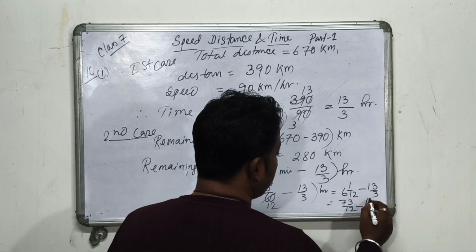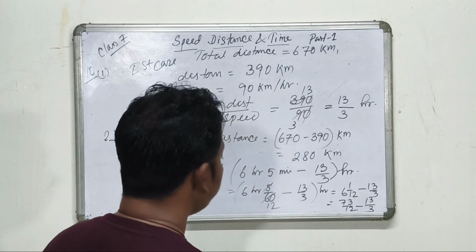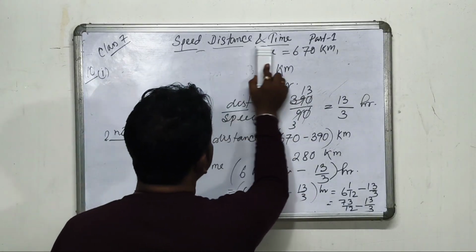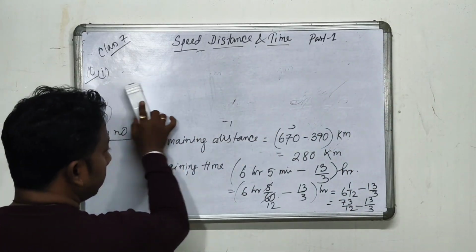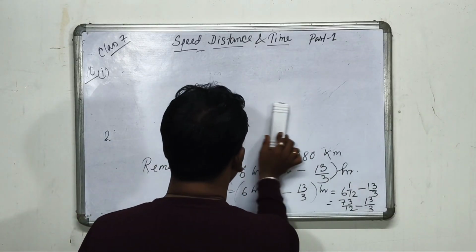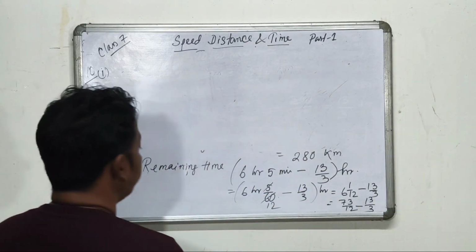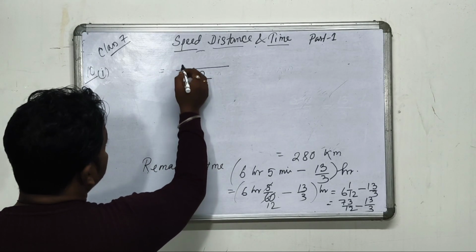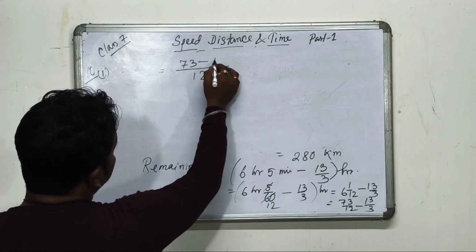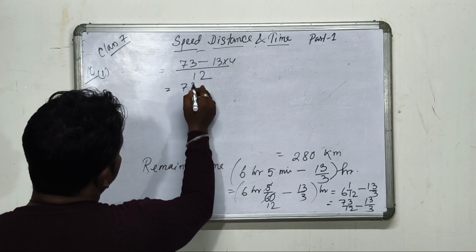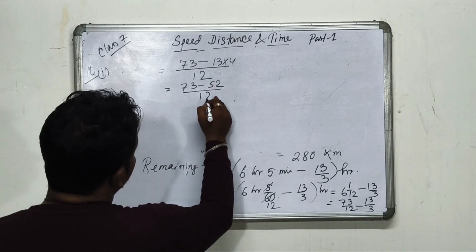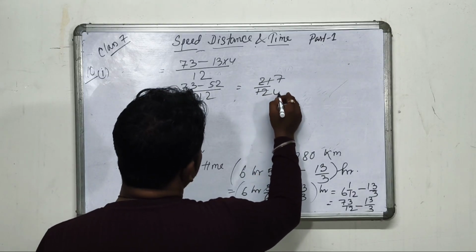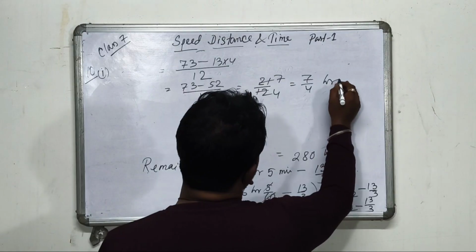That is 73 by 12 minus 13 by 3. LCM 12: 73 minus 13 into 4, that is 73 minus 52 by 12, 21 by 12, that is 7 by 4 hours.